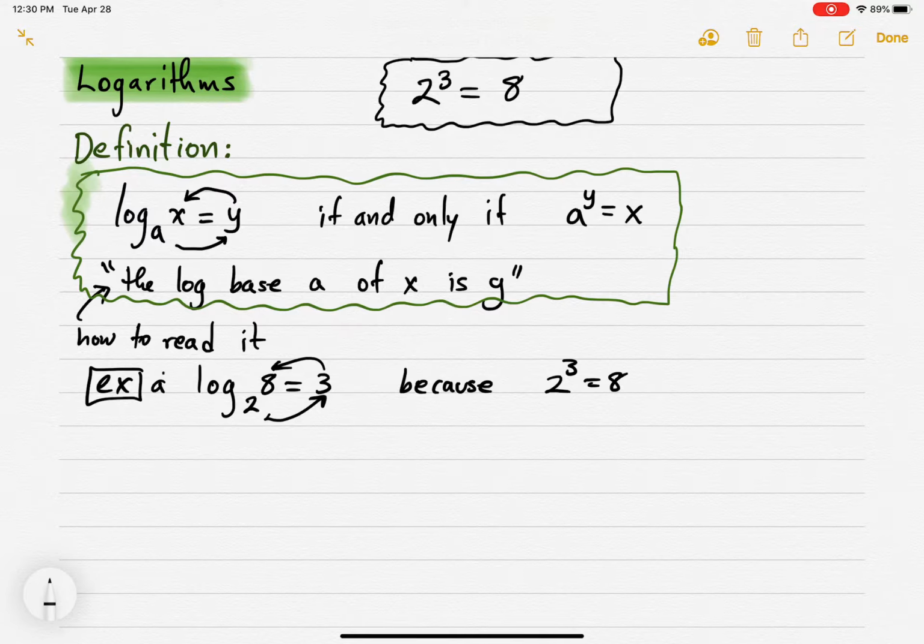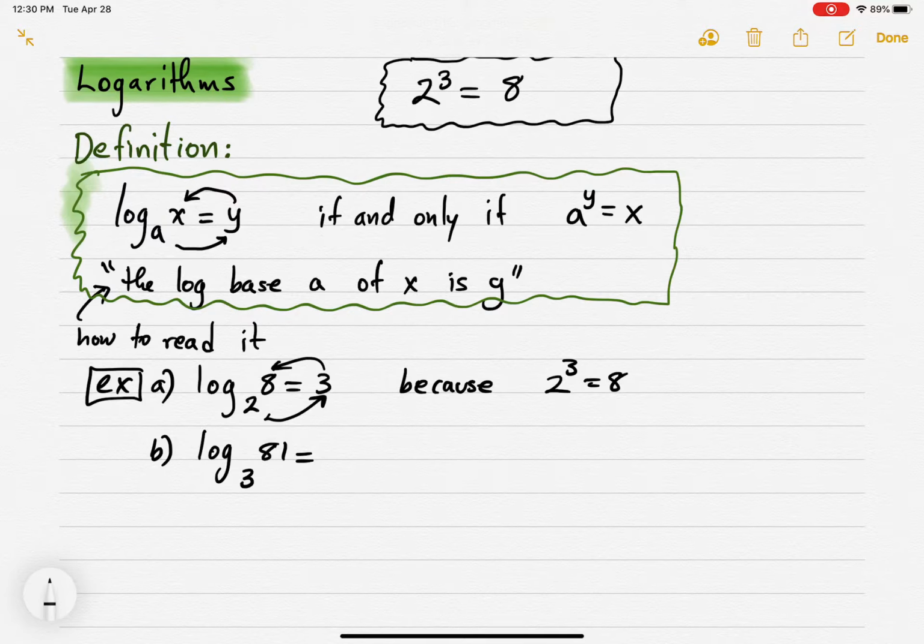Another example, if we call this example A, example B would be something like, what is the log base 3 of 81?